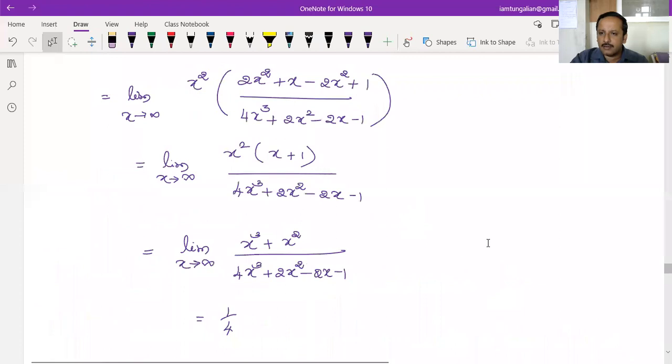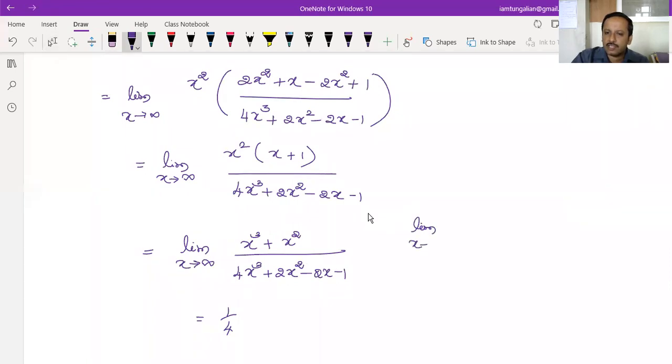See, a couple of days ago, I had told you that when you have limit x tends to infinity, f of x by g of x, both are polynomials. Let us say f of x is a polynomial of degree m, g of x is a polynomial of degree n.